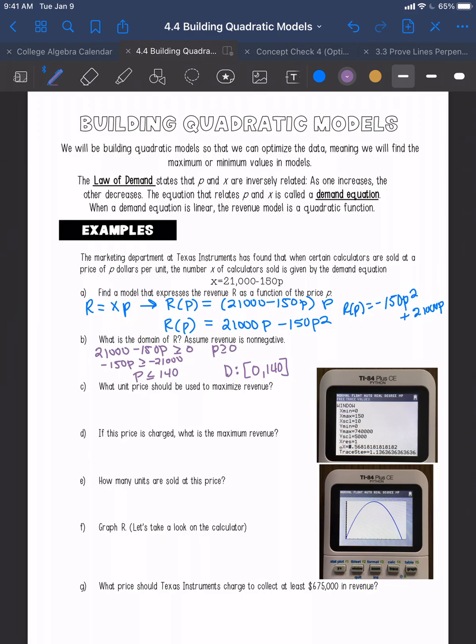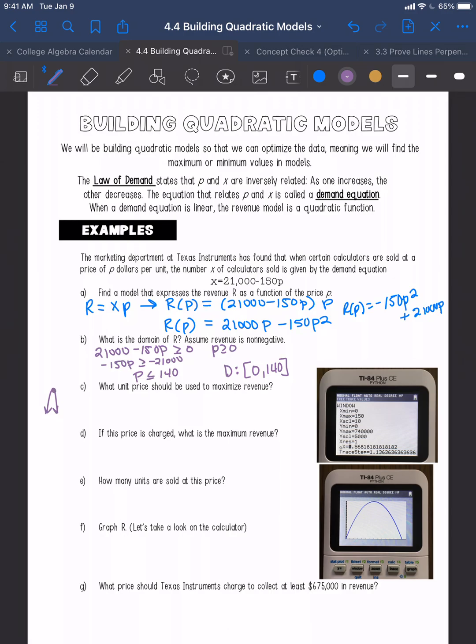All right, what unit price should be used to maximize the revenue? So here, we're trying to find the maximum. And if we look at our quadratic equation, our A term is negative 150. So we know that this parabola is going to be concave down, so we're going to have a maximum up here.